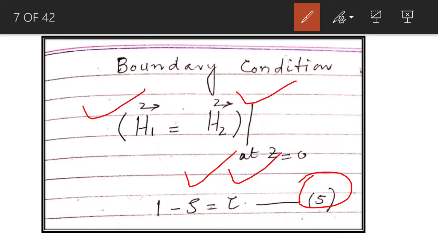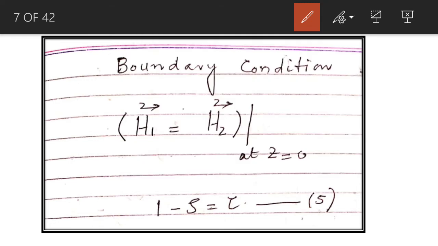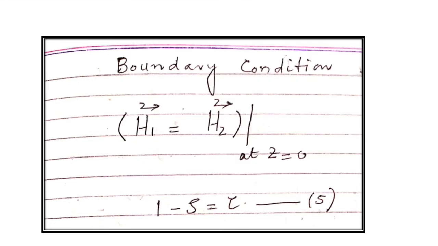So 1 minus rho will be equal to tau. Now what we do, we calculate the total electric field intensity in medium number 1 and the total electric field intensity in medium number 2.